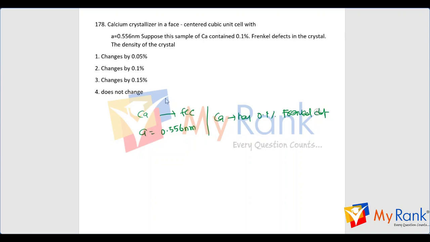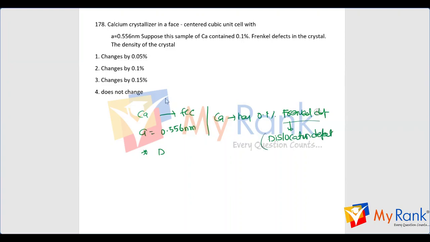The density of the crystal is, now a very, very important point is, what is the Frenkel defect? The Frenkel defect is only a displacement defect or dislocation defect.